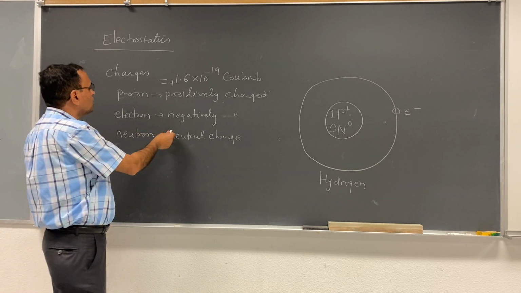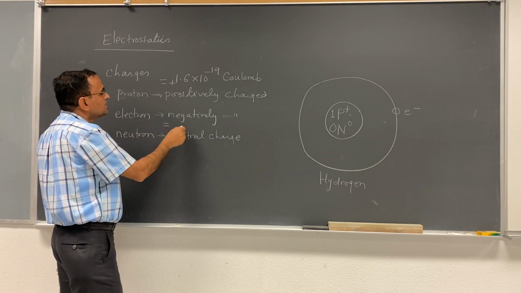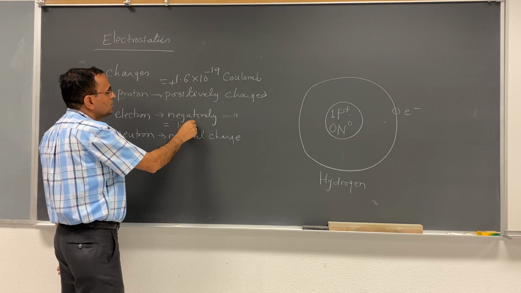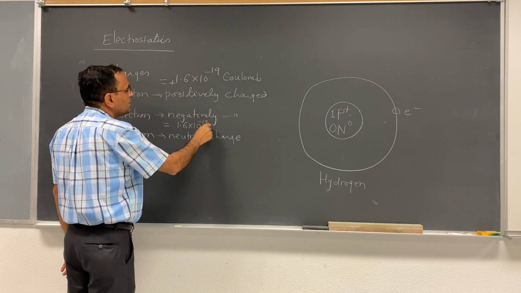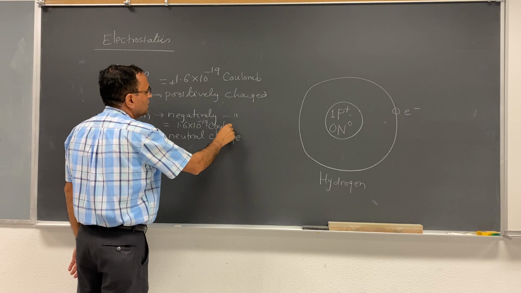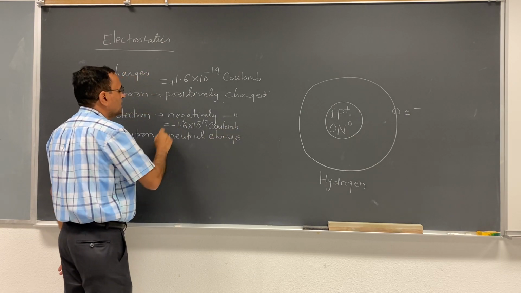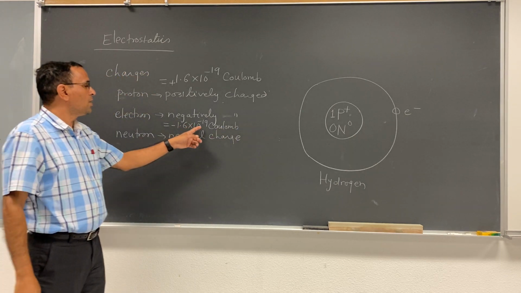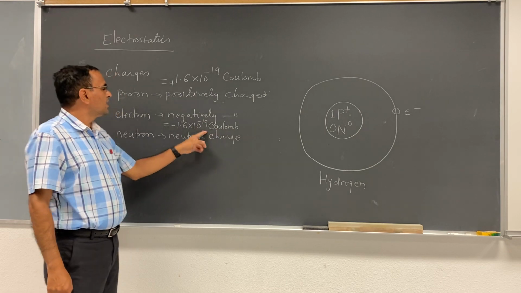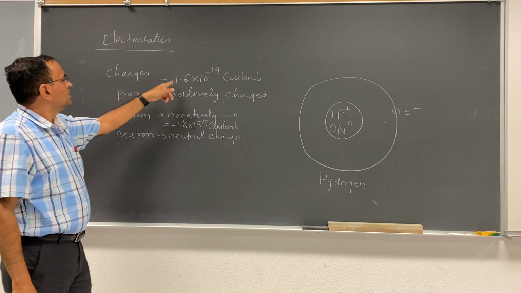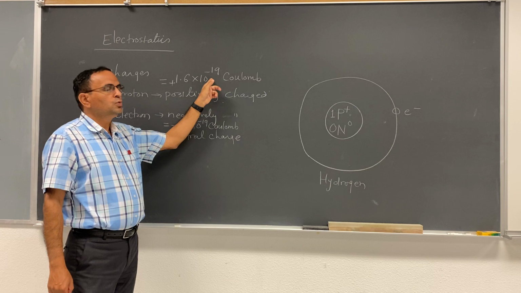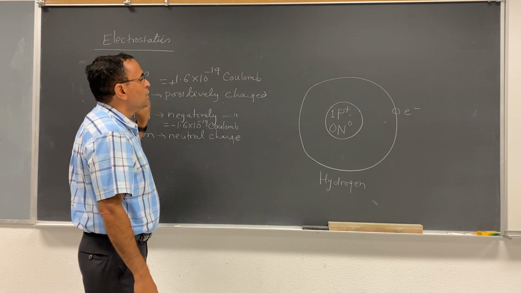And in electron, the charge is again the same, 1.6 times 10 to the power negative 19 coulomb, but this is negative. This is charge in electron, and this is plus 1.6 times 10 to the power negative 19 coulomb in proton.